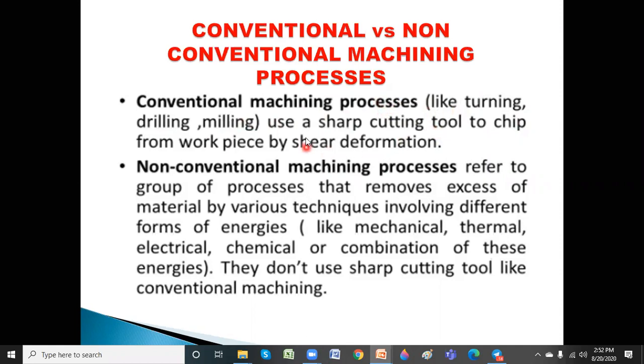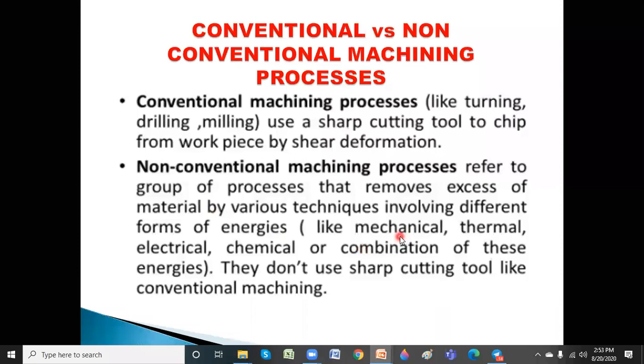Now you got an idea what exactly a conventional machining process is. Then what are non-conventional or non-traditional machining processes? These are processes which remove excess material. In conventional machining I am also removing excess material to get the required shape by shear deformation using a sharp cutting tool. Now, what happens in non-conventional machining? It's the group of processes that removes excess material by various techniques that involve some form of energy.